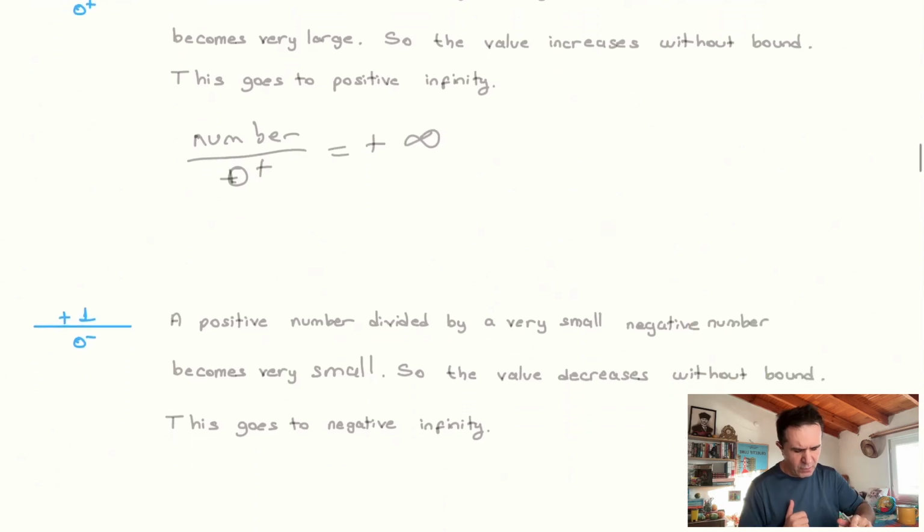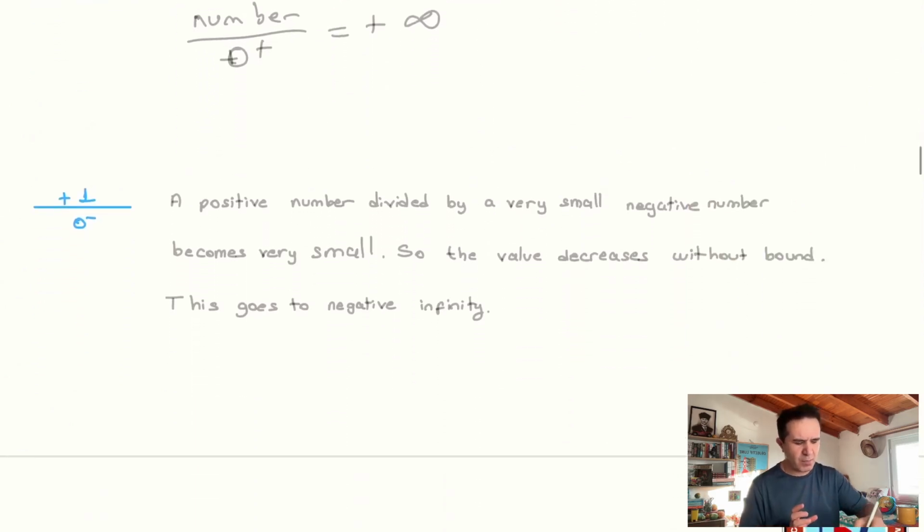And if we divide a positive number by 0 minus, the value this time decreases without bound, so this goes to negative infinity.